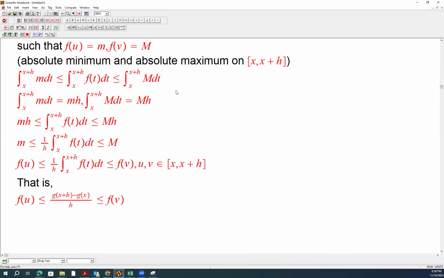And now it's time to take the limit. Of course, we let h approach 0.